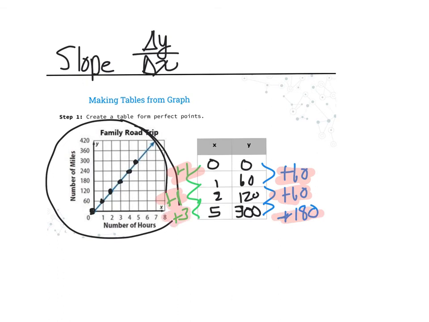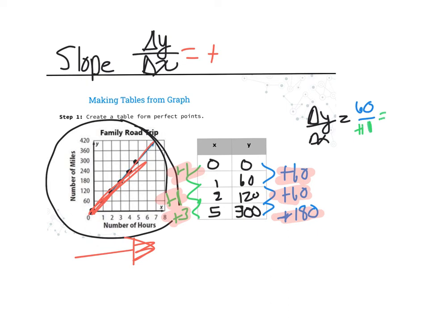Another little shortcut when we're looking at graphs: I know this is a positive slope because it's moving in an upward direction as I read the graph this way. So my slope is going to be a positive something. Let's figure that out. Taking our first change, I have 60 for my change in y and plus 1 for my change in x. 60 divided by 1 is positive 60.